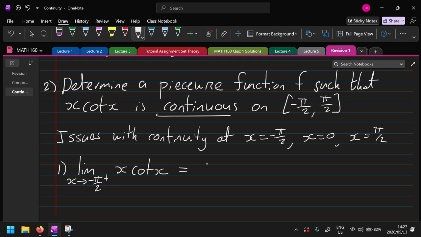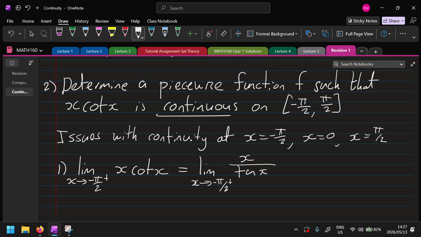We can rewrite it slightly. 0 over 0. No, the bottom's not 0. The top is fine. It's pi over 2, minus pi over 2.